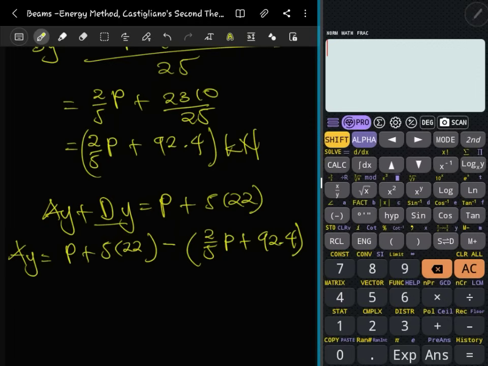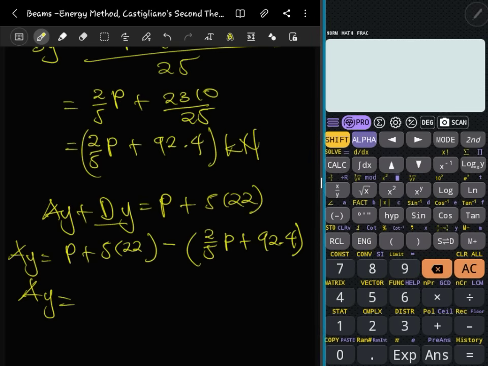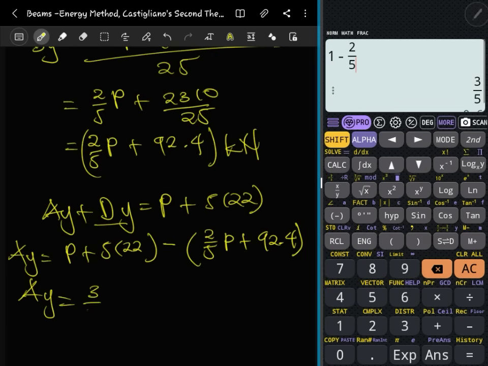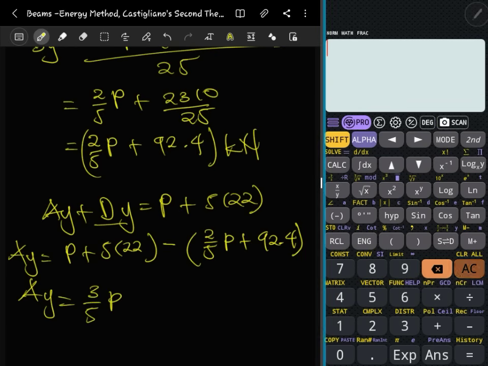And our Ay, then our Ay will be, let's see, this is 1 minus 2 on 5. We are checking for the P. That gives us 3 on 5 P, and then we have 5 times 22, right, minus 92.4.